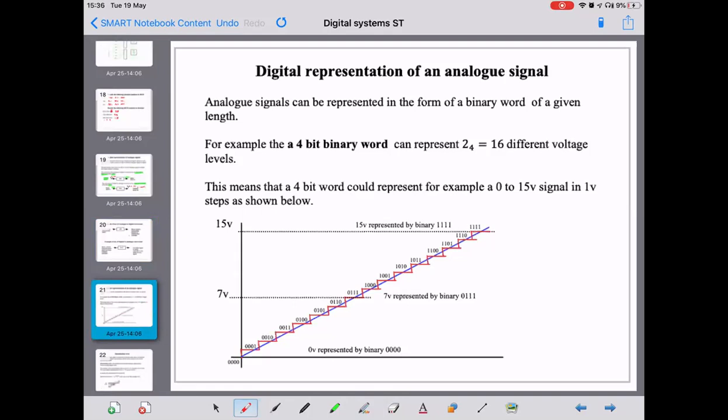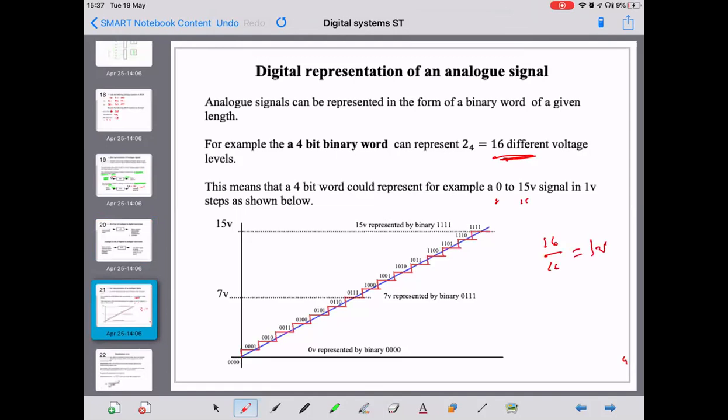If we take that 4-bit word as representing a 0 to 15 volt signal, it would do that in 1 volt steps, because we've got 16 voltage levels including zero. So you've got to count the first one and the 15th one. There are 16 levels, and we've got 16 possible combinations in the word. So 16 over 16, it represents it in 1 volt steps.